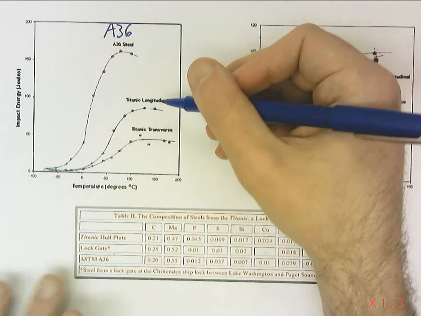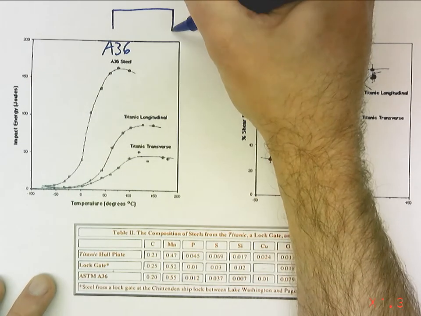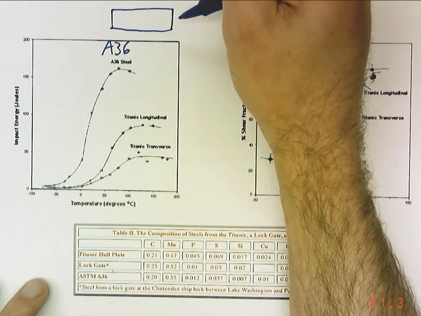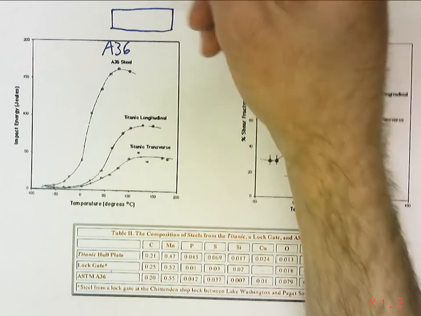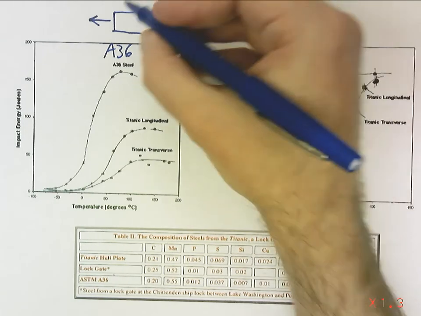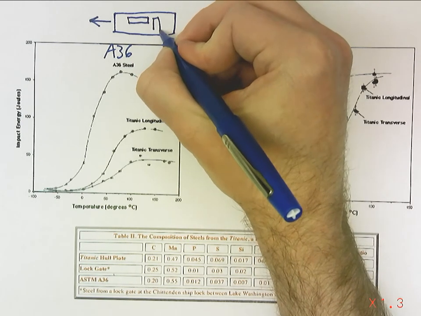So you had a plate, like a whole plate. During manufacture this will be rolled through rollers, so it'll have a direction. We're talking about, do we cut out our Charpy bars in this direction or in this direction? Not to scale.